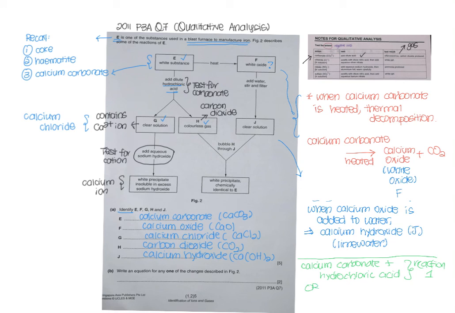Or calcium carbonate heated to form calcium oxide and carbon dioxide gas. So I leave it up to you first. If there's a need, you can let me know, then we will work on the equation.